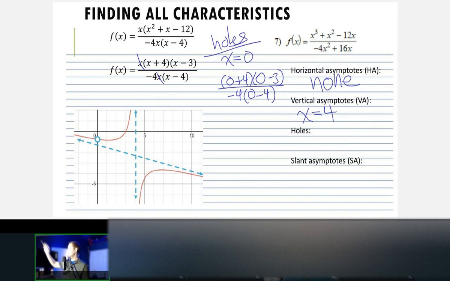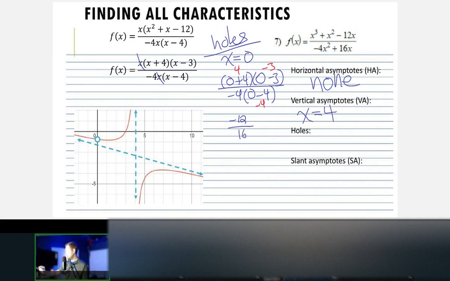So 0 plus 4 is 4, 0 minus 3 is -3. And then -3 times 4 is -12. And then 0 minus 4 is -4, and -4 times -4 is +16.